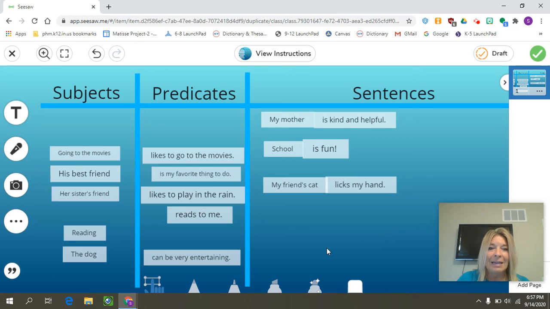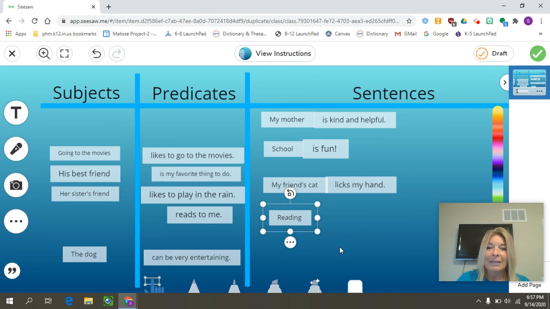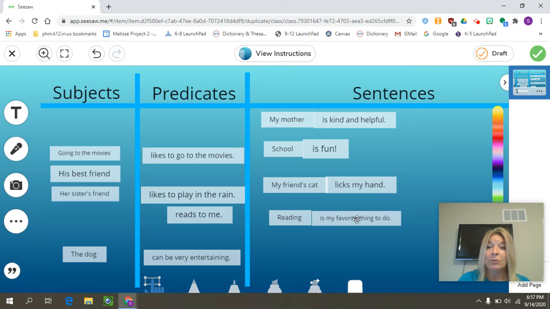I think I am going to say reading. Reading. That's my subject. I need a predicate to make it a complete thought. Ooh, there's a couple that make sense. Reading is my favorite thing to do.